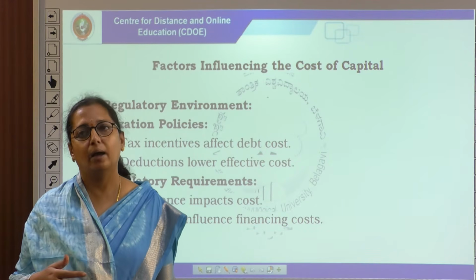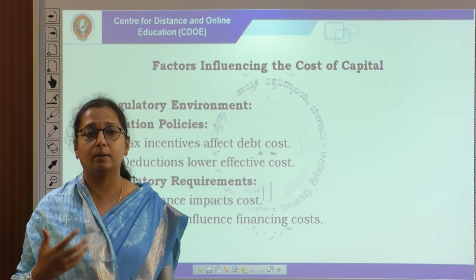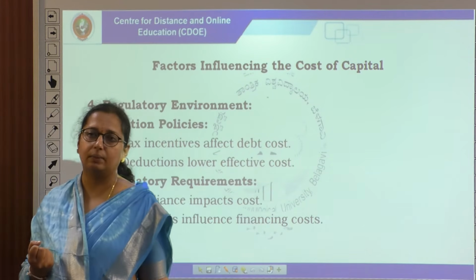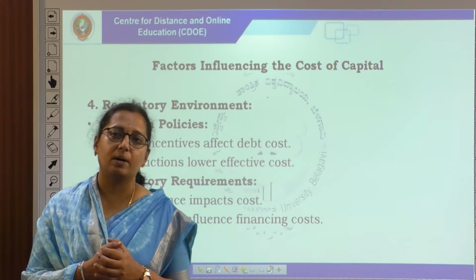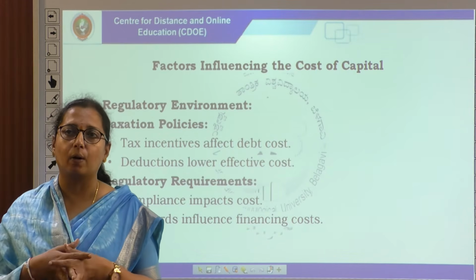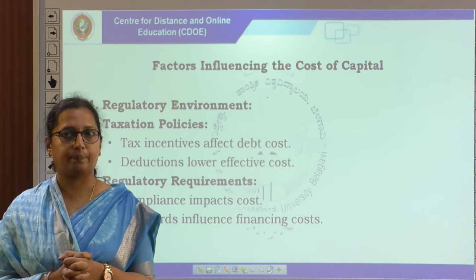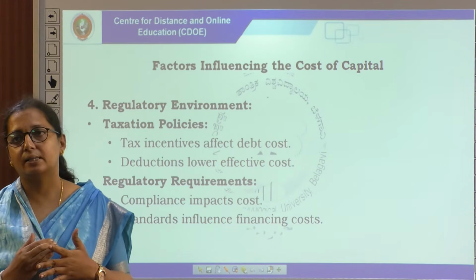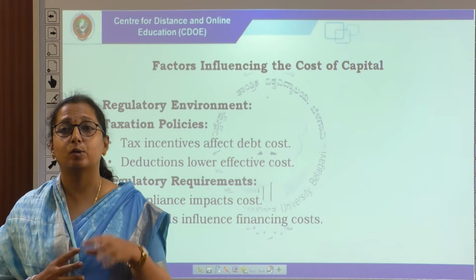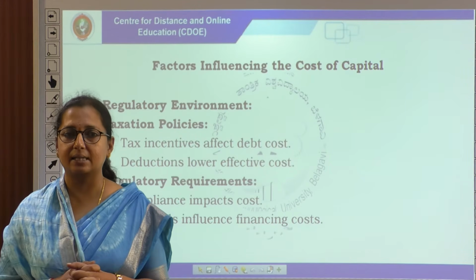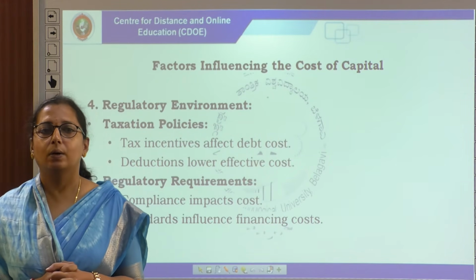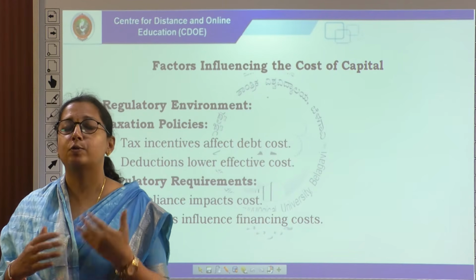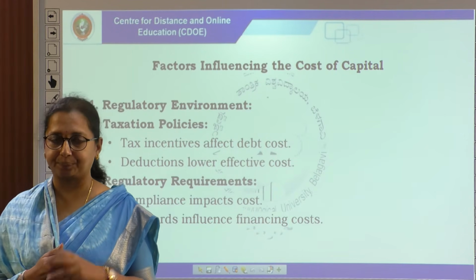Also, when we are paying tax, the debt will be monetized, which will always have a lower cost.